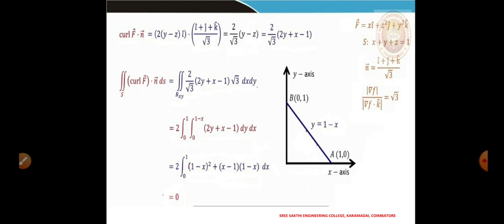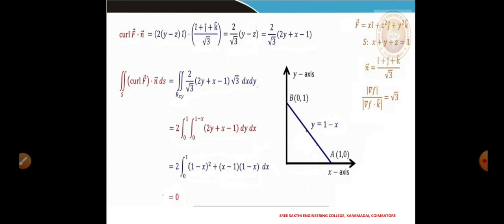The curl F dot product with the unit normal vector comes only from the i vector component. So 2 by root 3 times (y minus z) is curl F dot n. We replace z because we will integrate over the xy plane, so we replace it with 1 minus x minus y. That gives 2y plus x minus 1.